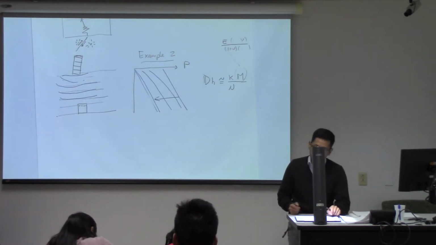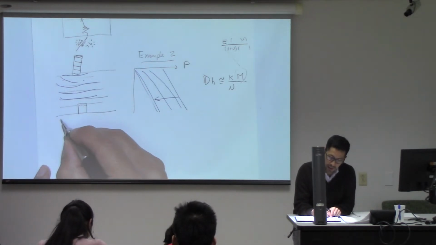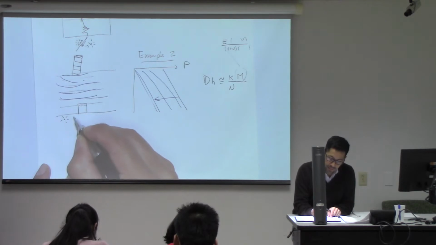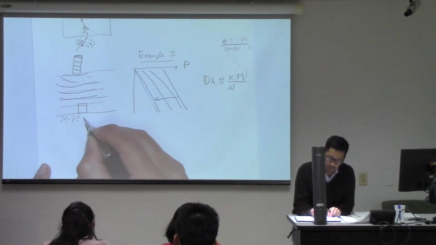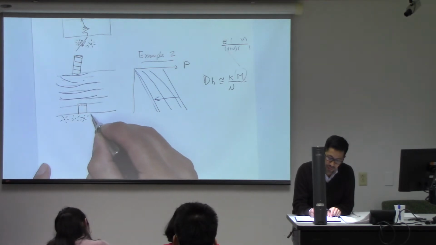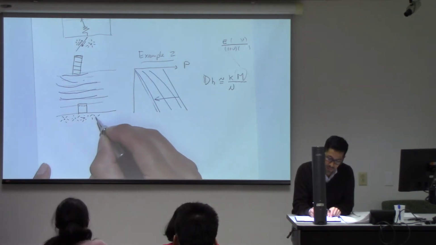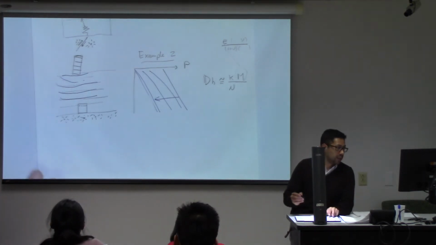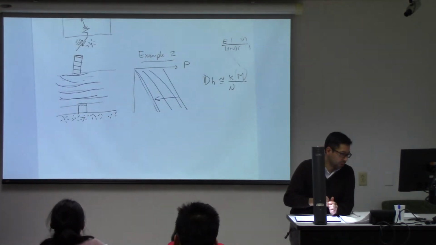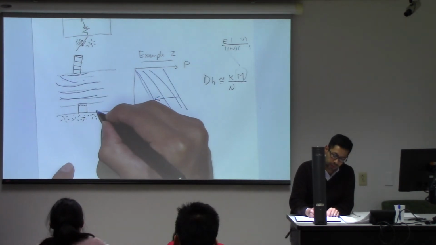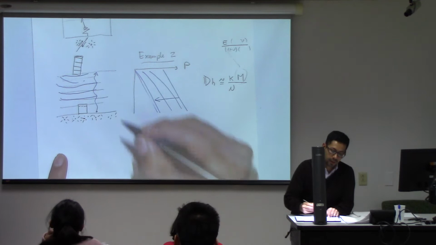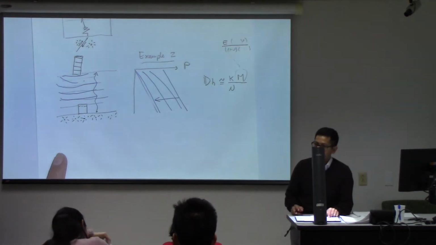And what do you think, if we had here a bedrock of very tight rock, what is going to be the characteristic drainage length? The entire depth down there. The entire depth, because a molecule of fluid will have to go from here all the way up in order to get out of the system.